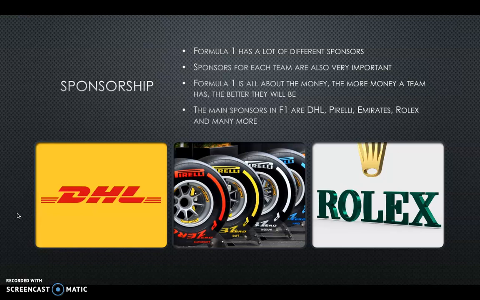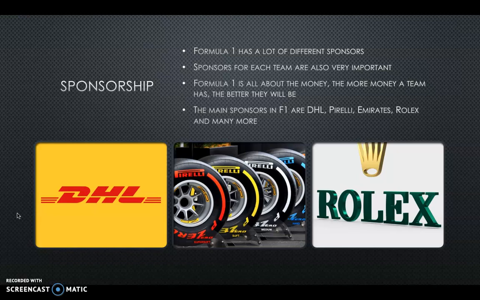Recently, the top three teams of Ferrari, Mercedes, and Red Bull have been the best because they have the best sponsors and they spend the most money. In 2021, though, Formula One is basically creating a cap so that teams will only be allowed to spend $175 million, compared to now where Ferrari spends $450 million, compared to a lower team like Williams that only spends $150 to $200 million a season.